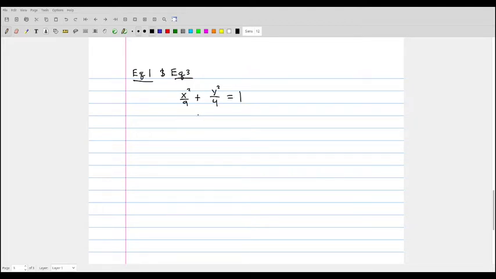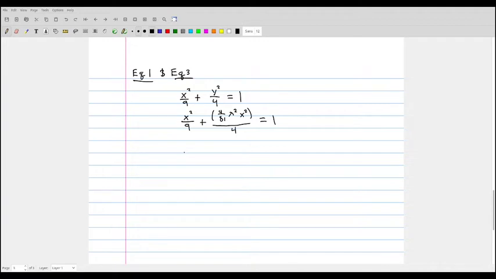And if we plug in for y here, we get x squared over 9 plus y squared, which is 4 over 81 times lambda squared x squared, over 4 is equal to 1. When we divide by 4 here, the 4's cancel out.